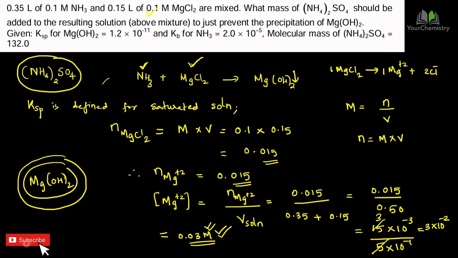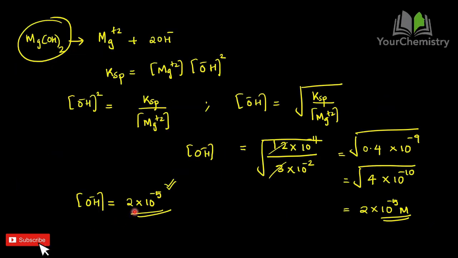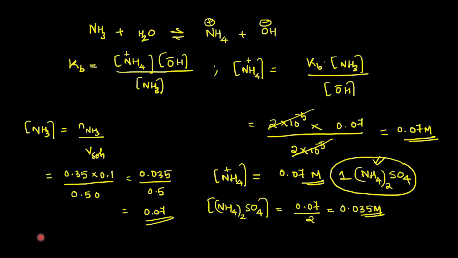Able to understand? So we are fixing the concentration of OH minus as 2 into 10 to the power minus 5. Using that data, we identified the allowed concentration of NH4 plus in the solution, which is 0.07. So if NH4 plus concentration is 0.07, then the allowed concentration of ammonium sulfate will be half of that, 0.035.